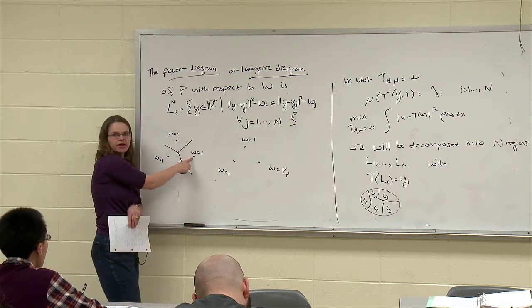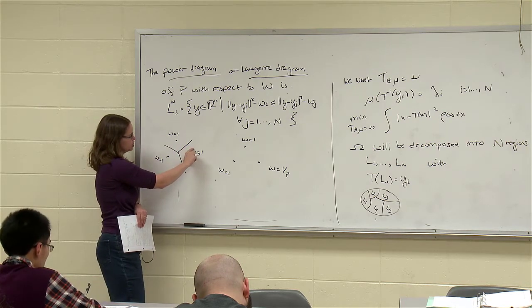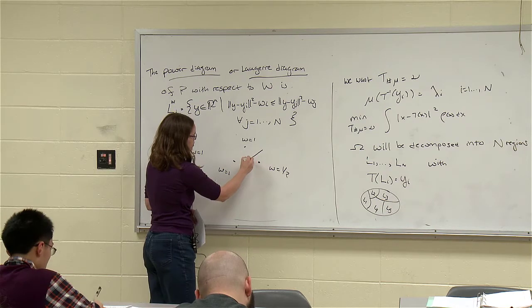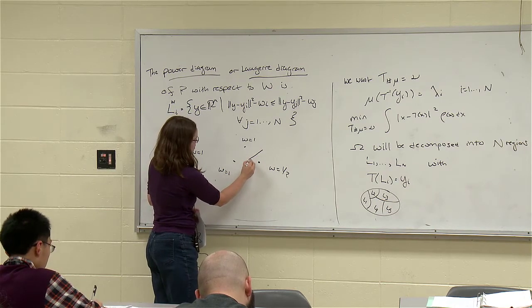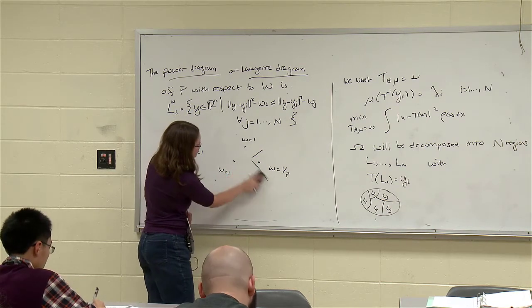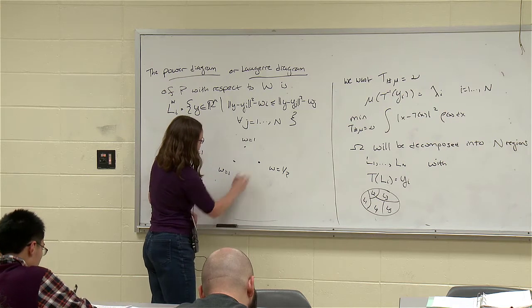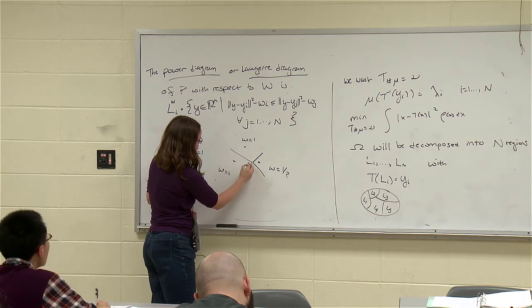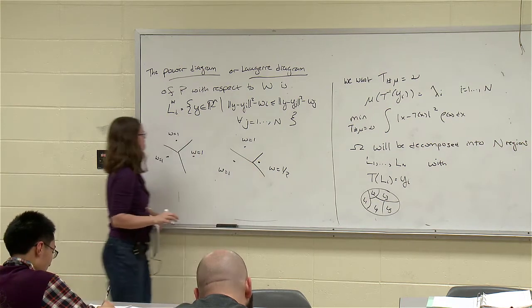That means we're trying to take area away from this, so these lines are going to shift this direction. So we're going to get something more like this. That's kind of asymmetric.